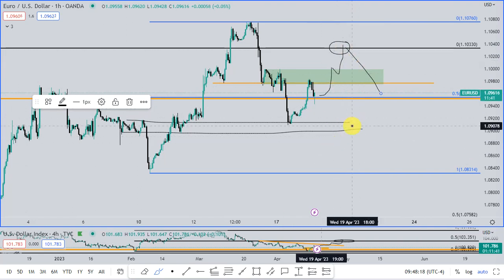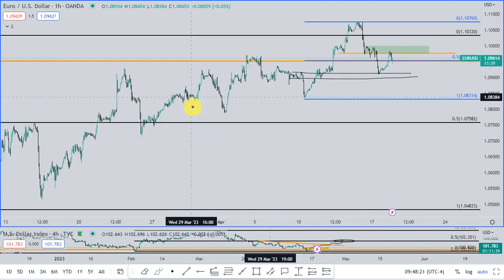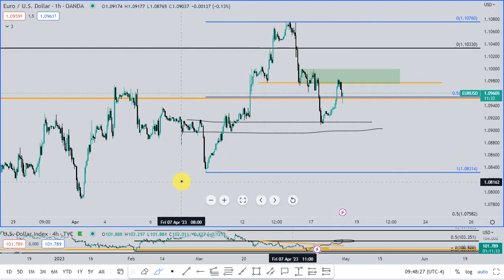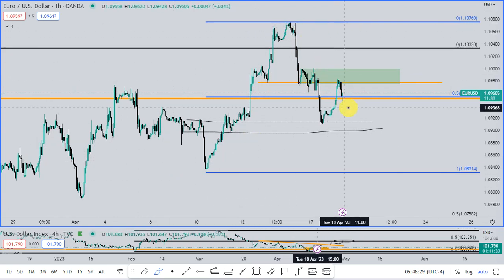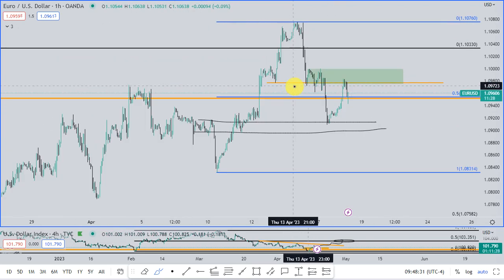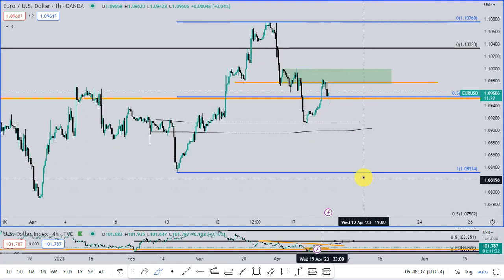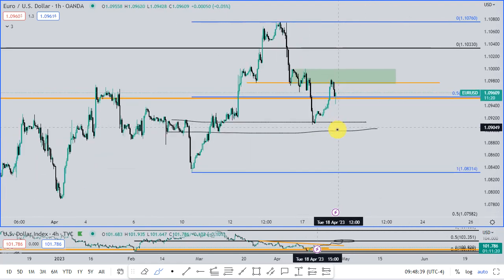So we play level to level, and as you can see on the lower time frame, it's in a bullish trend and it keeps making higher lows, higher highs, and we need to see when it changes character by going below these lows, and after that it might turn bearish. But currently it's bullish and we will play it level to level.